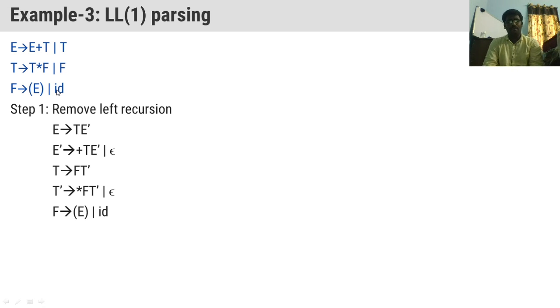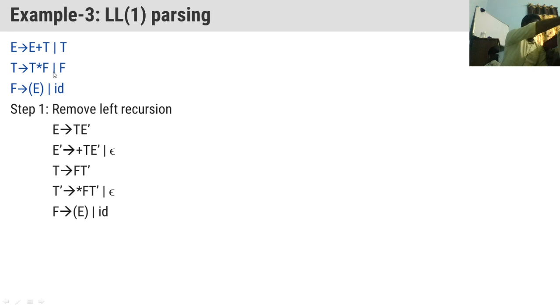So before we compute first and follow sets in LL1 parsing, we need to eliminate left recursion. Hope we have seen in the previous classes how we applied the left recursion method.